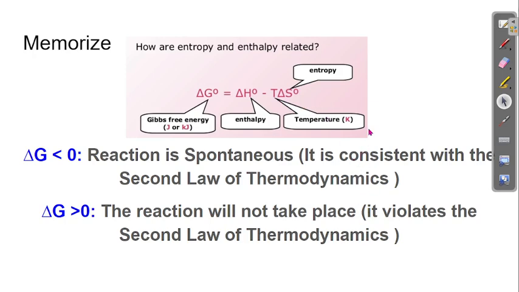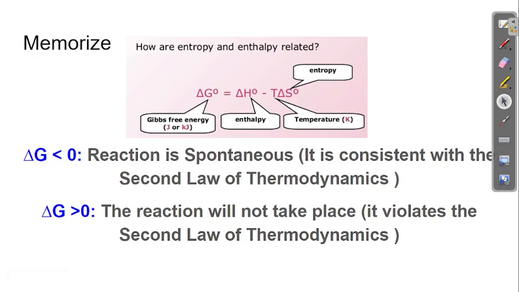And this you need to memorize as well. If the change in Gibbs free energy is smaller than 0, so it's a negative number, the reaction is going to be spontaneous.